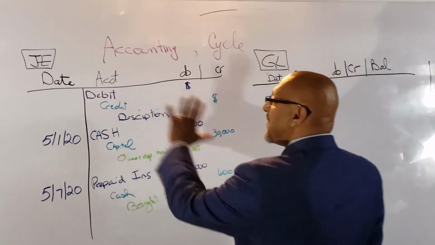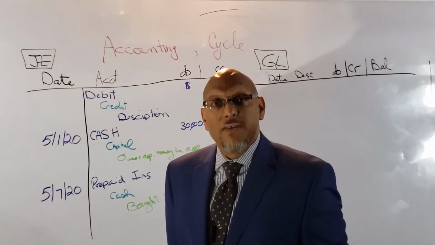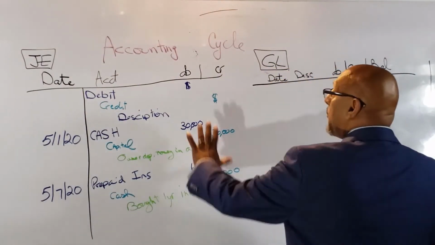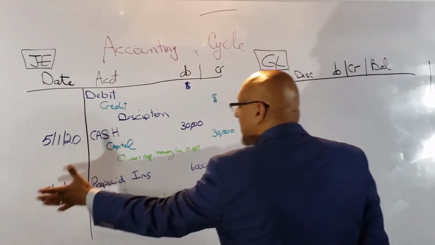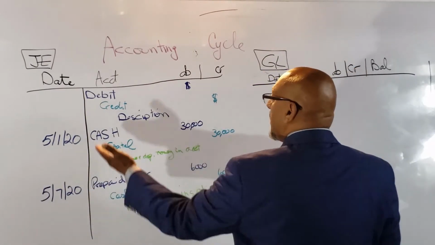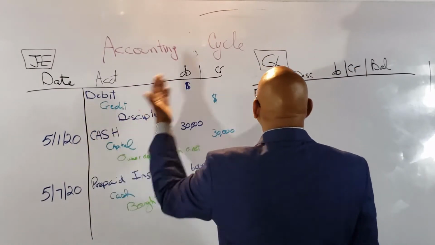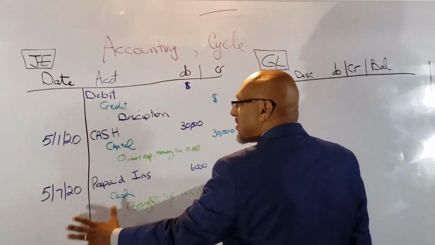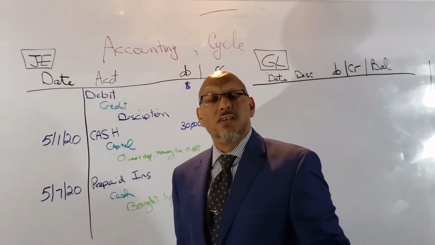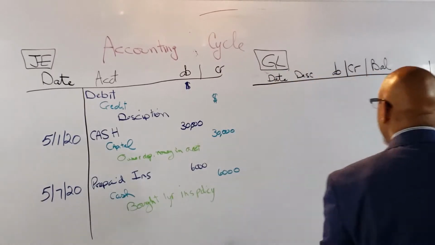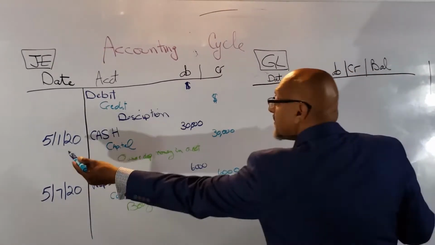Now, let's pretend that that's all the transactions we have for this period. So now that we're done with our journal entries, this is the end of the time. We would normally go from the journal every day to post to the GL, but let's just say that we only have 2 transactions we're going to post now. So we're going to take the date, 5/1.